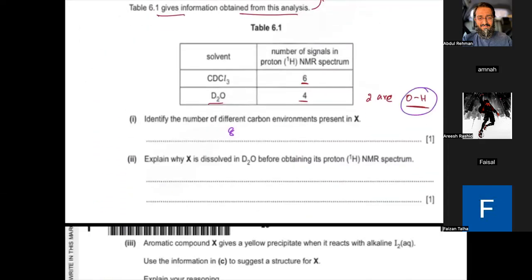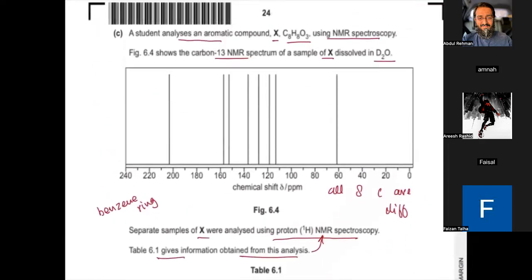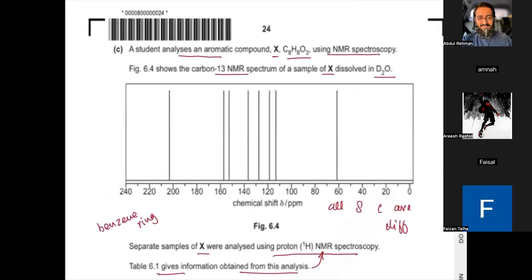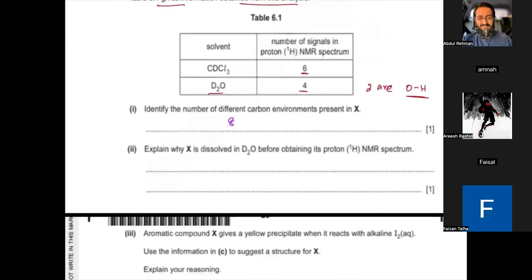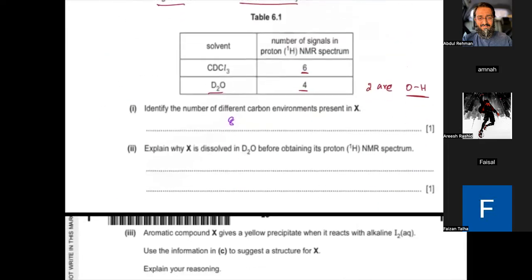I mentioned OH because it can be carboxylic acid or alcohol, not NH2, because the molecule doesn't have any nitrogen in it. X is dissolved in D2O before obtaining its proton spectrum to identify the OH groups present.